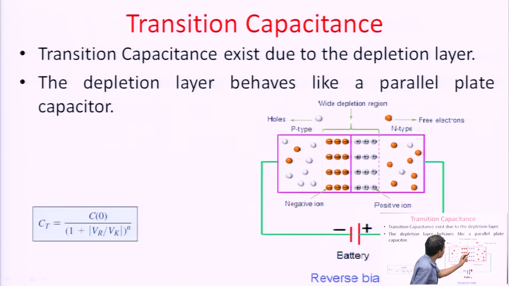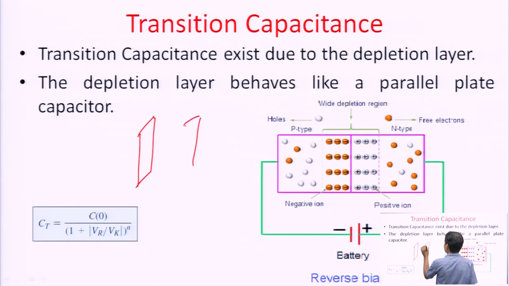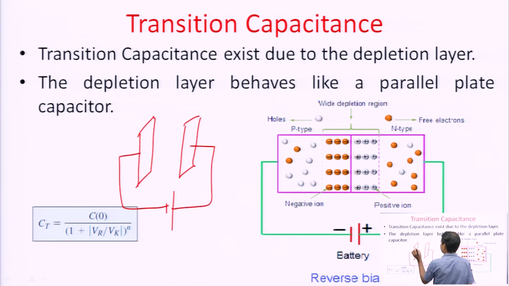This means these ions are at rest, and these rest charges will behave like a parallel plate capacitor, like this. Suppose this is a plate, and it is positive and it is negative. So, here these are the negative charges and these are the positive charges.